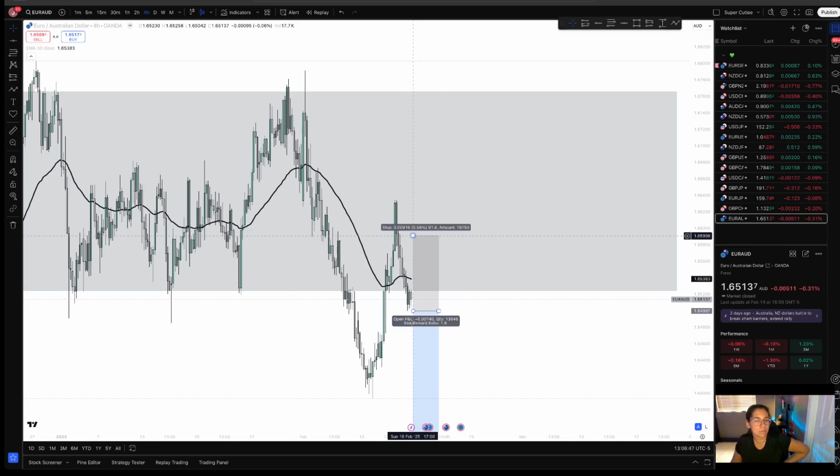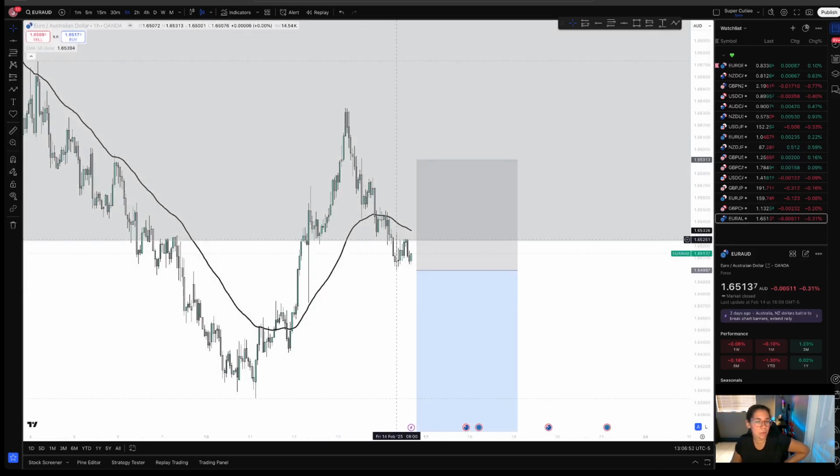Yeah, I put my stop loss on the 1 hour. We can have a stop loss right here, which would be great, but I think I'm going to move it up here.